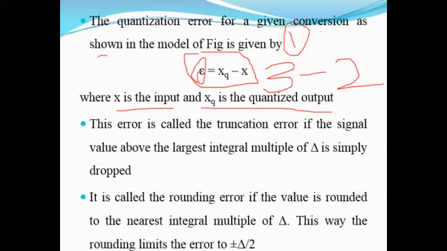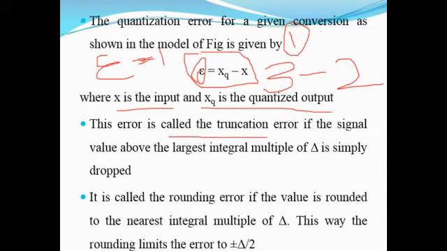So the quantization error E is 1. If the output becomes 4, the error increases to 2 instead of 1. If this quantized output changes from 3 to 4, it badly affects the system output. This error is called a truncation error.